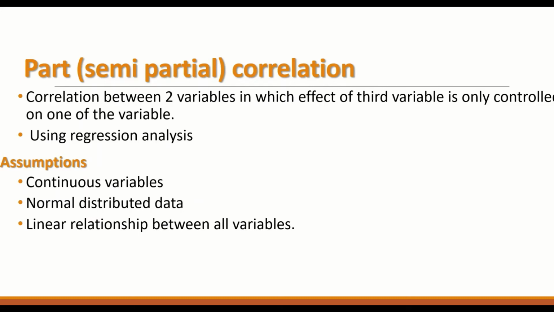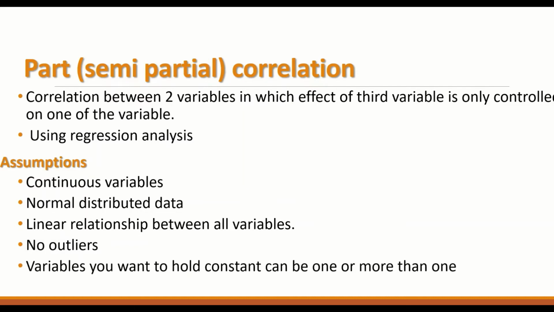You also need, prior to doing the analysis, to plot a scatter plot to look at the linear relationship between all variables. So linearity of the relationship is an important factor. And for those variables, there should be no outliers, and the variables you want to hold constant can be one or more than one.